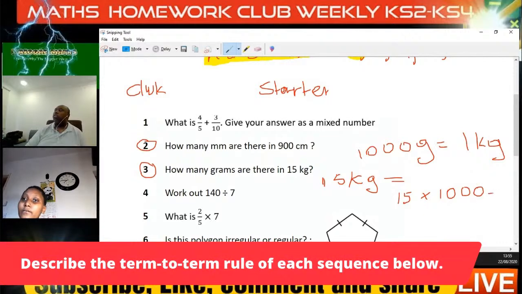So what's 15 times 1,000? It would be equal to 15,000 grams. Yes? Write that down in a book for me, please.